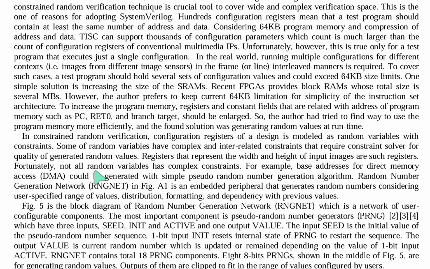Fortunately, not all random variables have complex constraints. For example, the base register address of the direct memory access, DMA, could be generated with a simple pseudo-random number generation algorithm. The random number generation network, RNGNet, is embedded in TISC to generate random numbers considering user-specified range of values, distribution, formatting, and dependency with previous values.